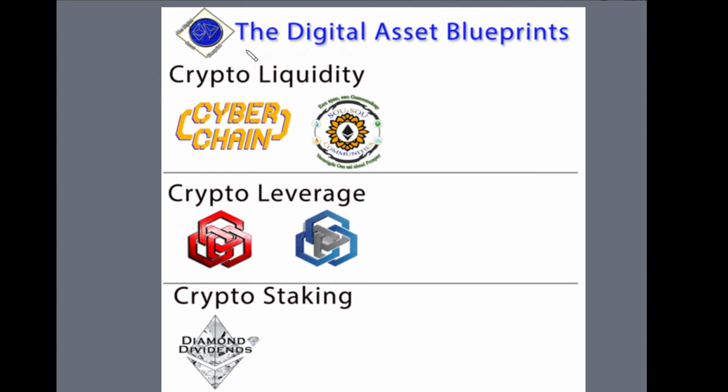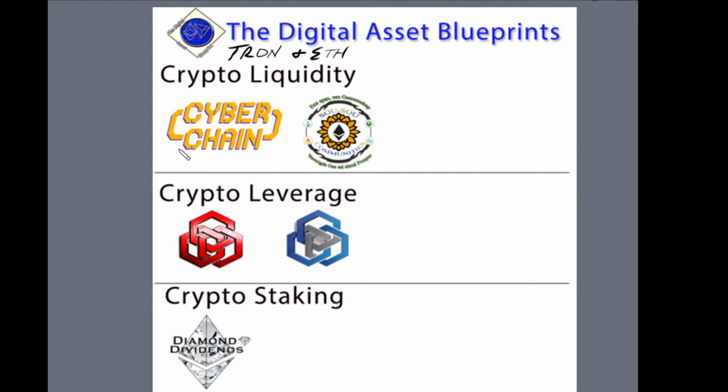Now, first thing I want to share is that all of the contracts are either on the TRON network, and then we also have Ethereum, the Ethereum smart contract technology, Ethereum blockchain. So you have TRON and Ethereum. These are the two digital assets that we're using to be able to leverage.